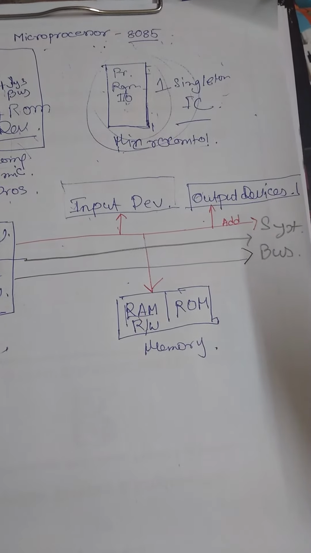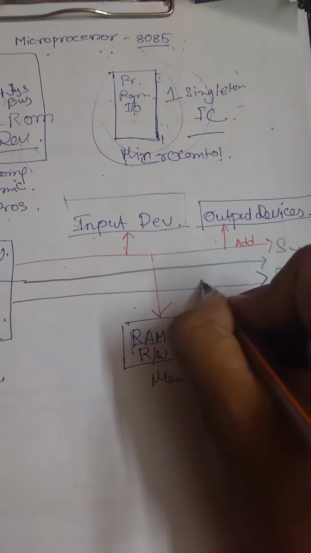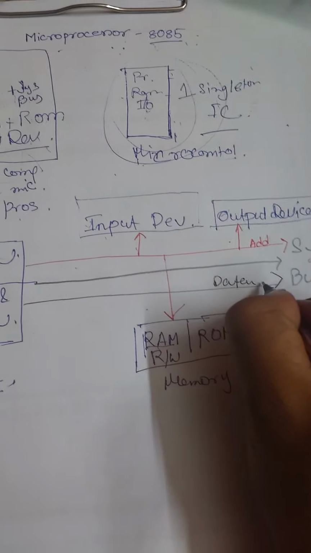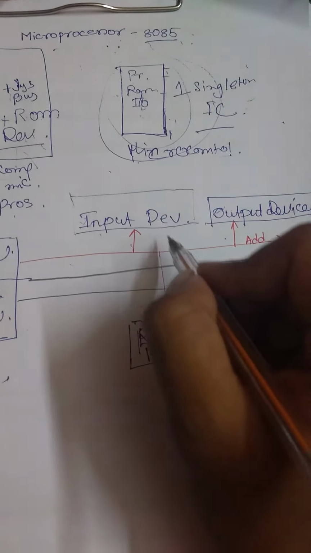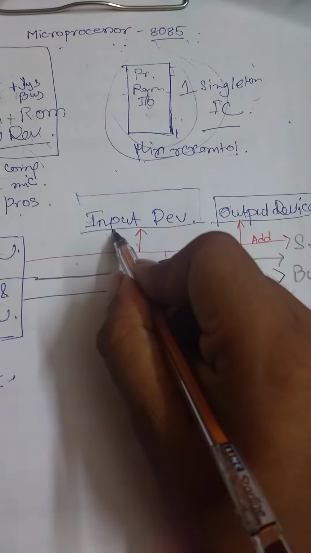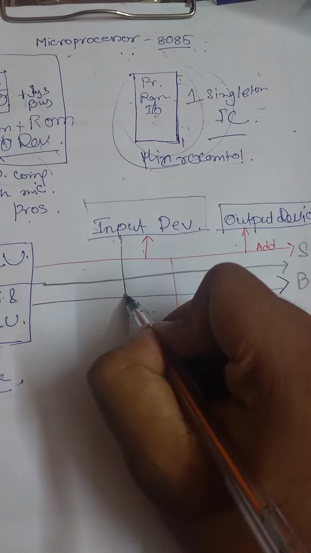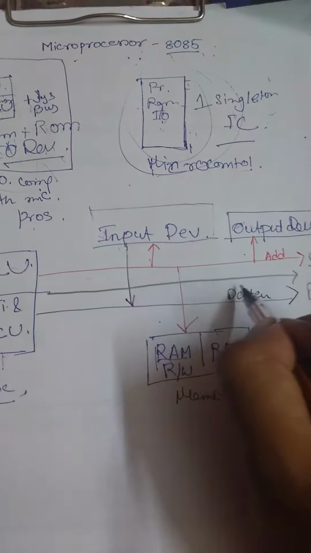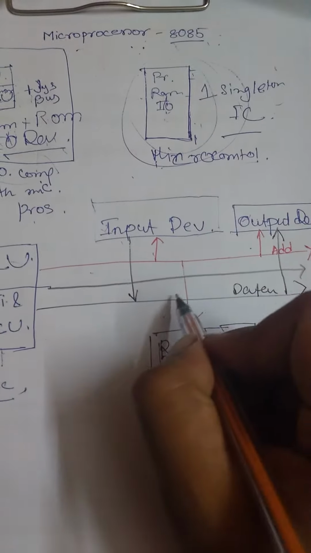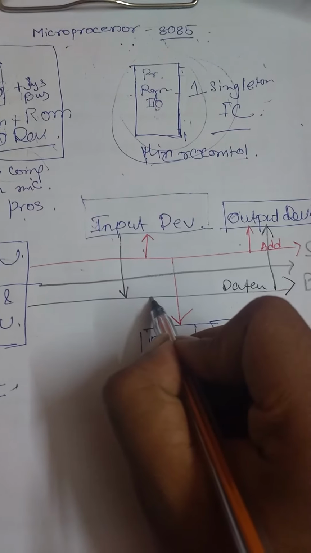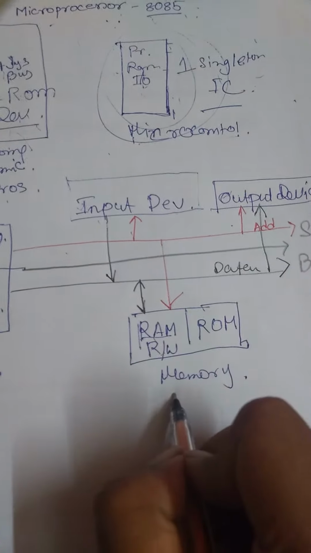Now what is the data bus? As the name implies, the data bus can be used to read data from the input device, write data to the output device, and both read and write data to the memory.